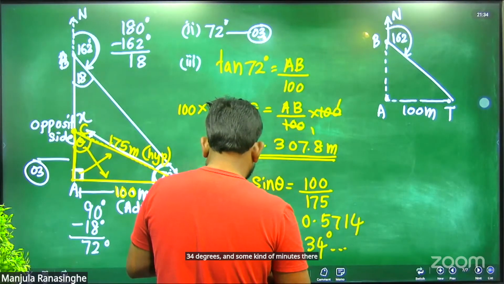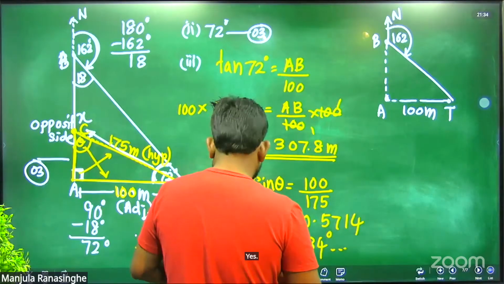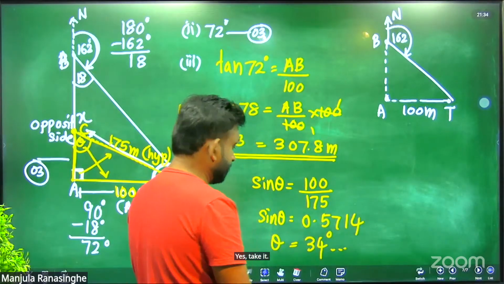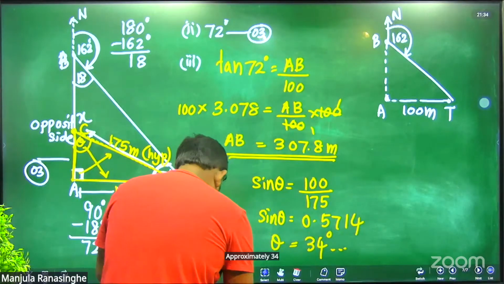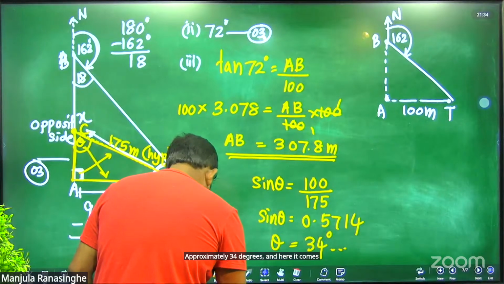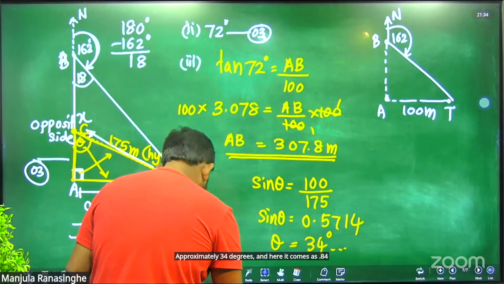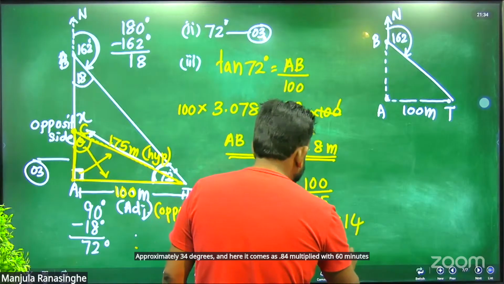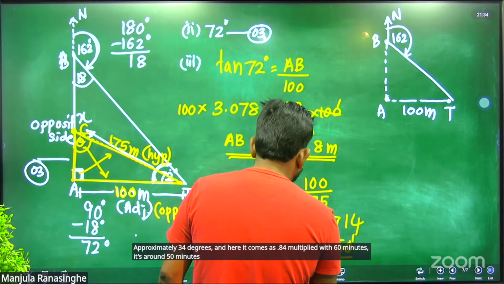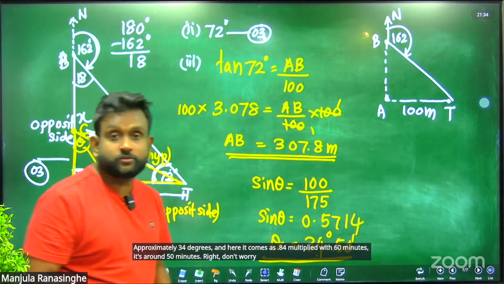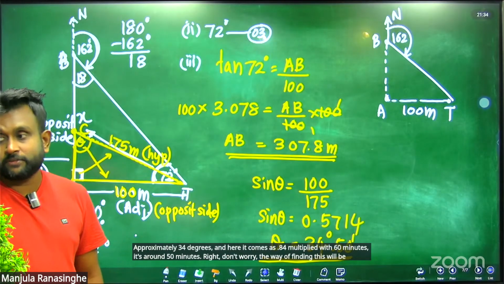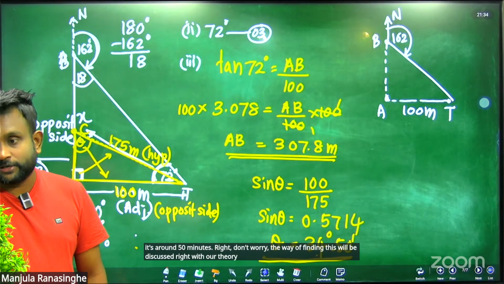Okay, just take it approximately 34 degrees, and here it comes as 0.84 multiplied by 60 minutes. It's around 50 minutes. Don't worry, the way of finding this will be discussed in our theory classes as well.